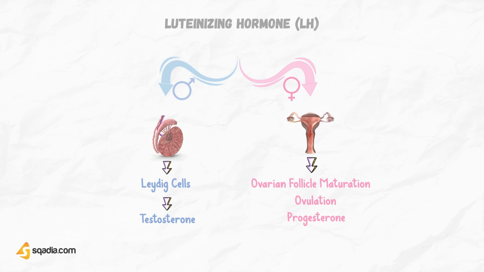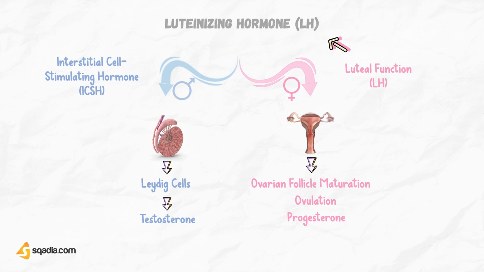Well, the luteinizing hormone has derived its name from effects observed in the female, that is, from the ability to stimulate luteal function. While, on the other hand, the comparable substance in the male was originally referred to as interstitial cell-stimulating hormone, or ICSH for short.